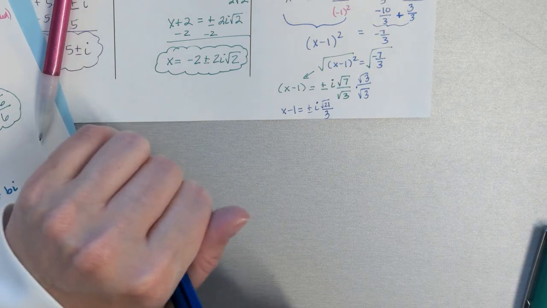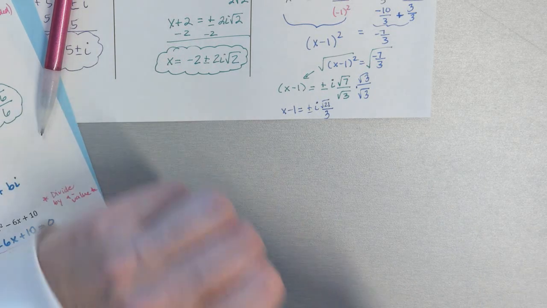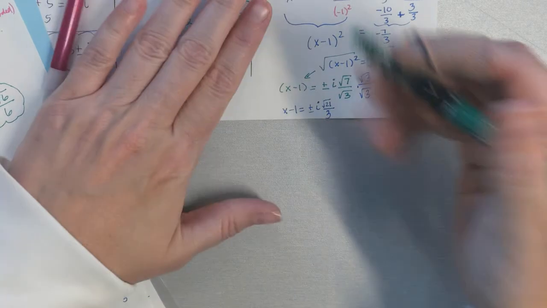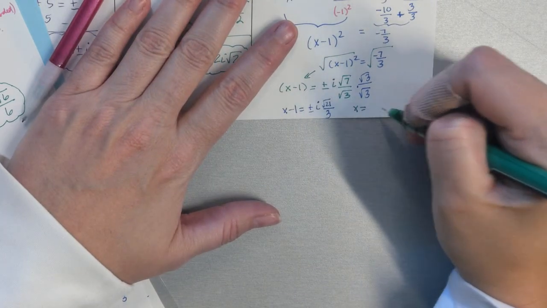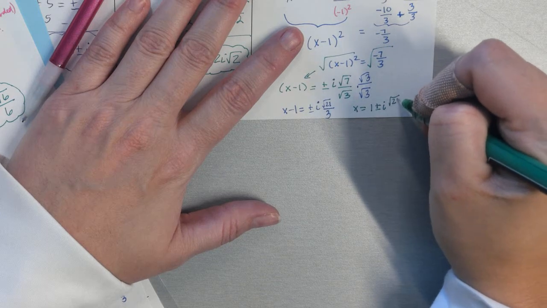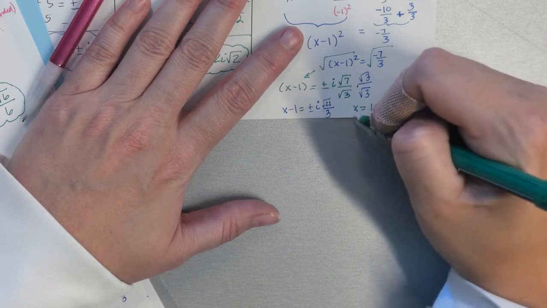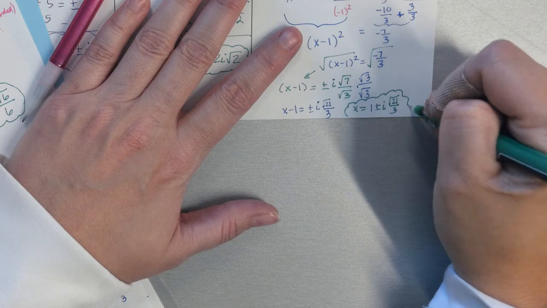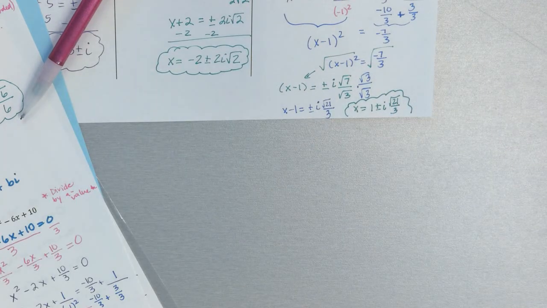And then my last step is going to be to do what to both sides? Plus 1. So I'm going to have x equals 1 plus or minus i root 21 over 3. Wow. Look how awesome we are. We have fractions, we have square roots, we have imaginary numbers, we have plus, we have minus.